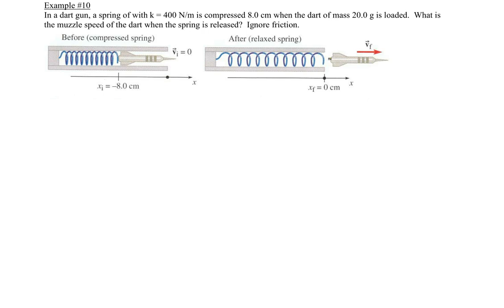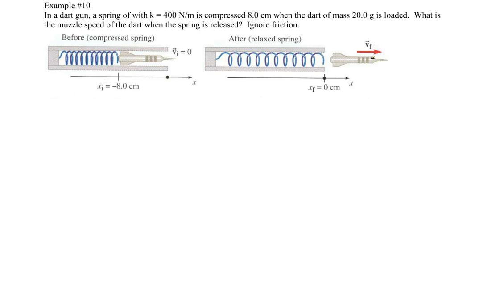Okay, so as you can see, this problem involves spring potential energy, elastic spring potential energy, because there's a spring that is being compressed and then brought back to its relaxed position. Also, you can see that there's a dart that is moving off here with a velocity, and hence we must have kinetic energy.